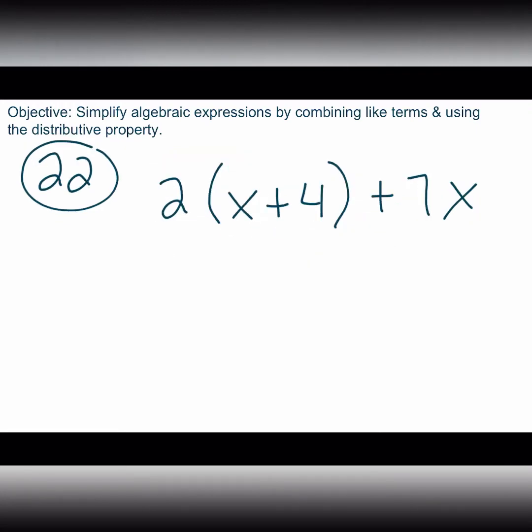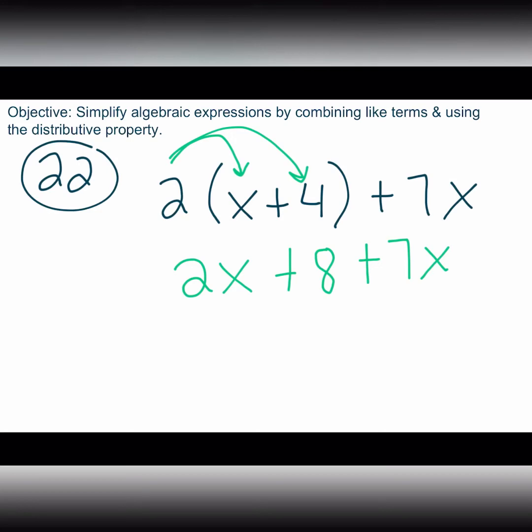Okay, so here's the last problem. This is actually using both rules. We're going to use combining like terms and the distributive property. Remember, in order of operations, we always want to get rid of those parentheses first. So we want to do our distributive property first. I'm going to do 2x plus 8 plus 7x.